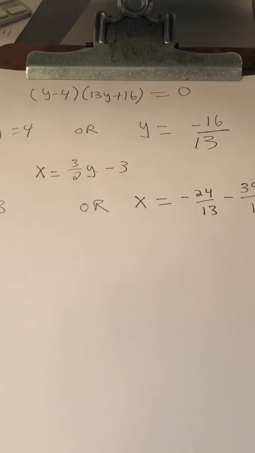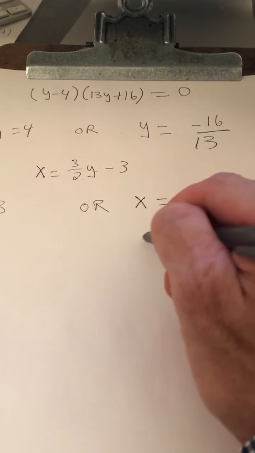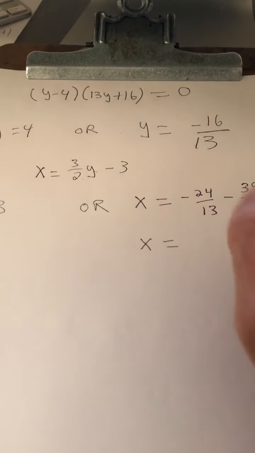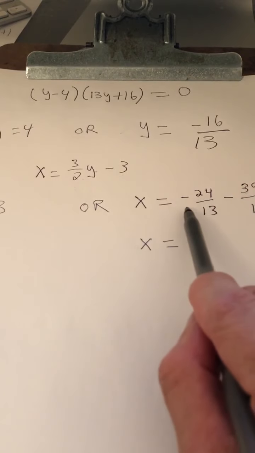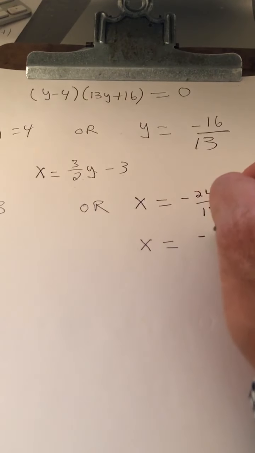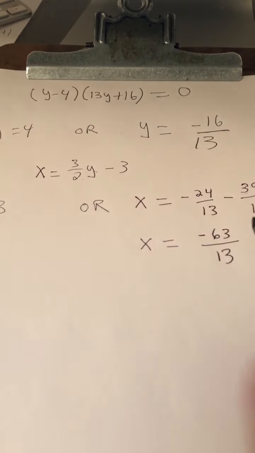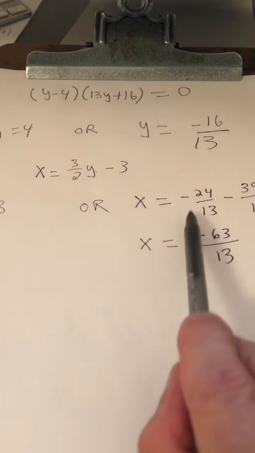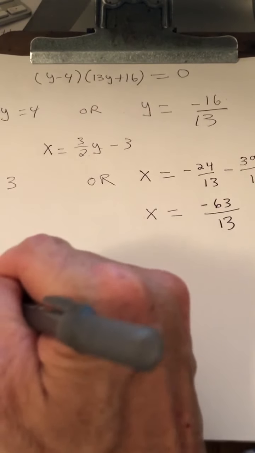So if you combine those, you get x is equal to negative 24 minus 39 thirteenths, which is negative 63 thirteenths. So if y is equal to negative 16 thirteenths, then x is negative 63 thirteenths.